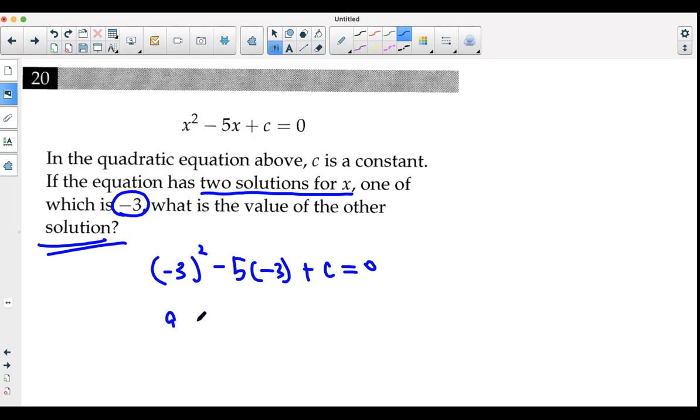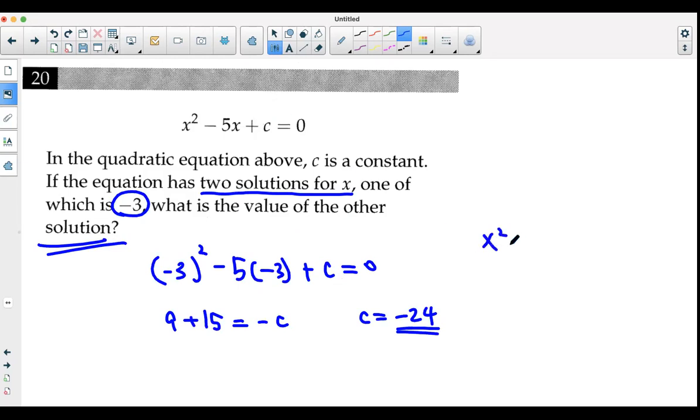Then I get 9 plus 15 equal to what? Negative C, and then C becomes negative 24.